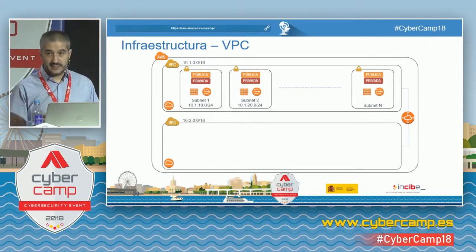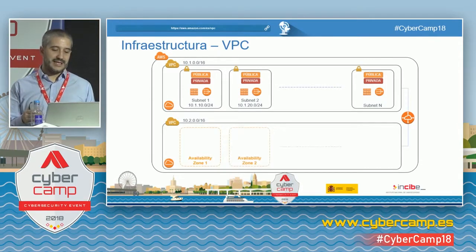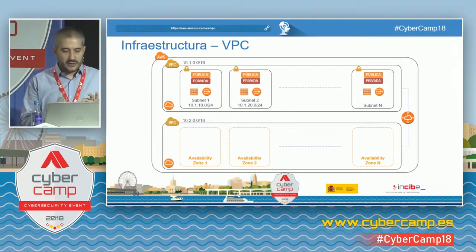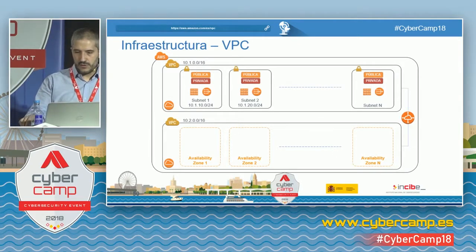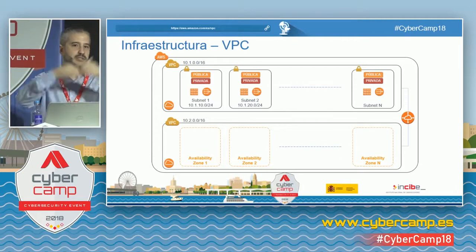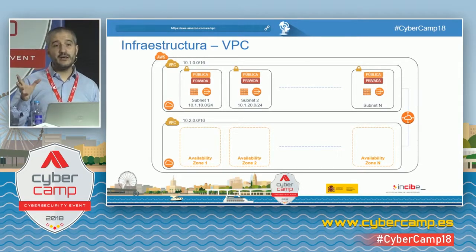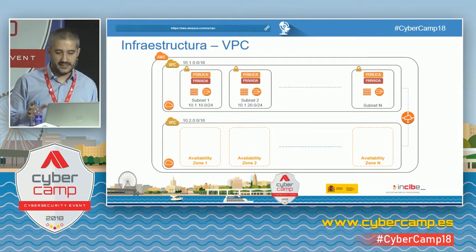Firewall networks, apart from producing subnets, we can also see availability areas. Just to summarize what this is, basically, Amazon has data centers scattered all over the world. That's what they call regions. And inside every region, there are several availability areas. For example, Ireland.